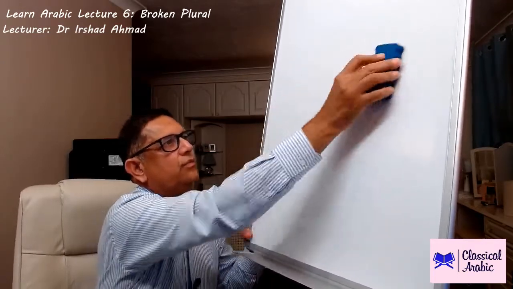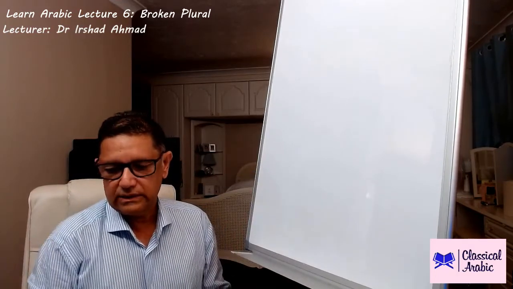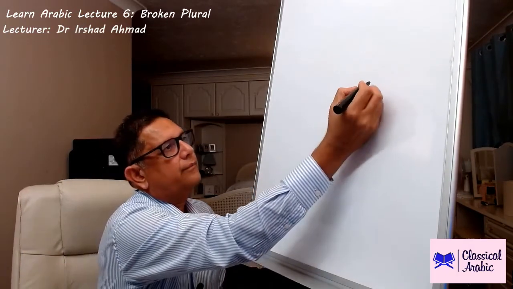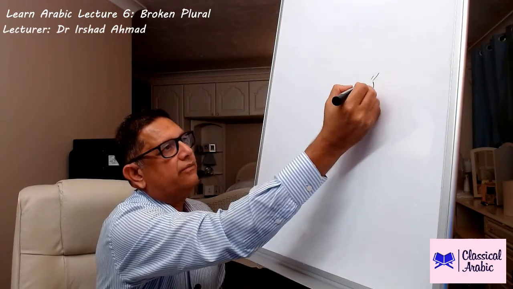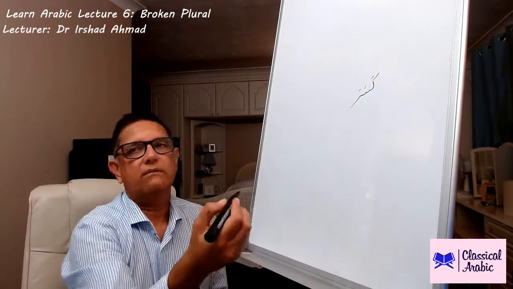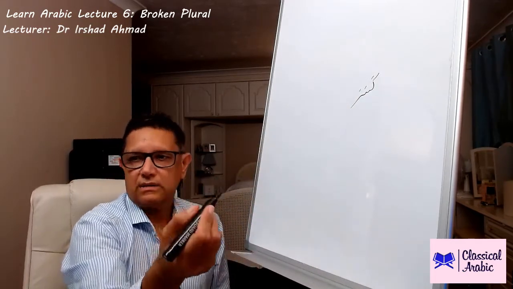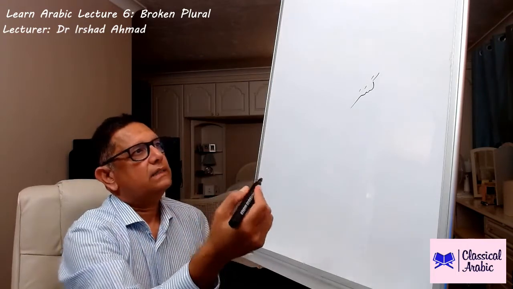A few new words, but don't worry, we are going to continue to repeat these new words. Although we haven't covered fail yet, we are a little bit familiar with fail when we gave the example of Nasara, Hamid helped Zaid, that sentence.